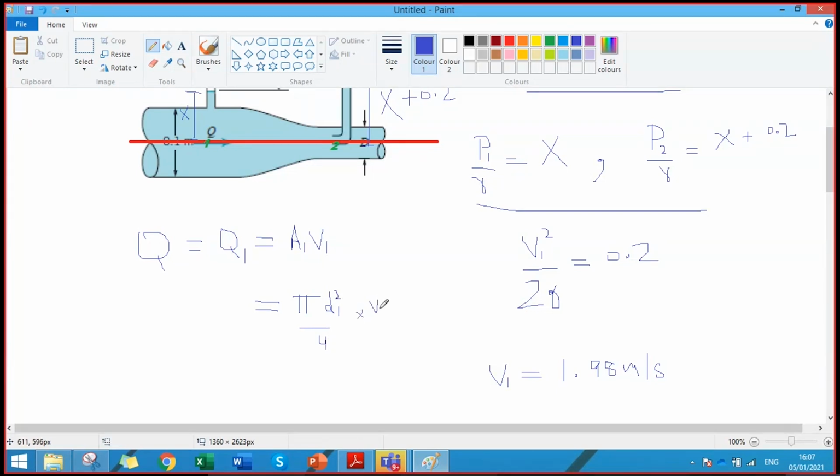When we solve, what do we get? 0.0155, 0.0156 or 0.016 meter cube per second.